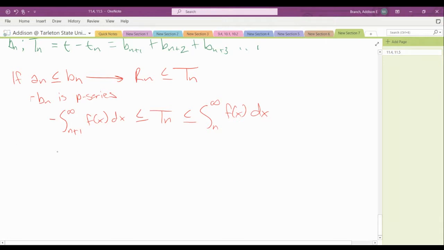And if they want us to find our actual sum of t, we can also say that our partial series, or our partial sum, plus the integral from n plus 1 to infinity is less than or equal to our sum t, which is less than or equal to our integral from n to infinity of f of x dx plus our partial sum.